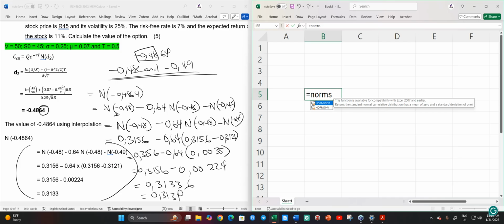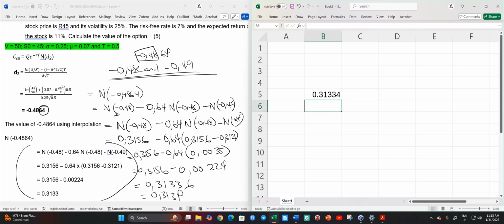When you click here, it should just give you a z in the brackets. Then you put your answer inside that z, which is minus 0.4864. You close your bracket, you get your answer. That's 0.31334. So it's just the same as the answer that we got, right?